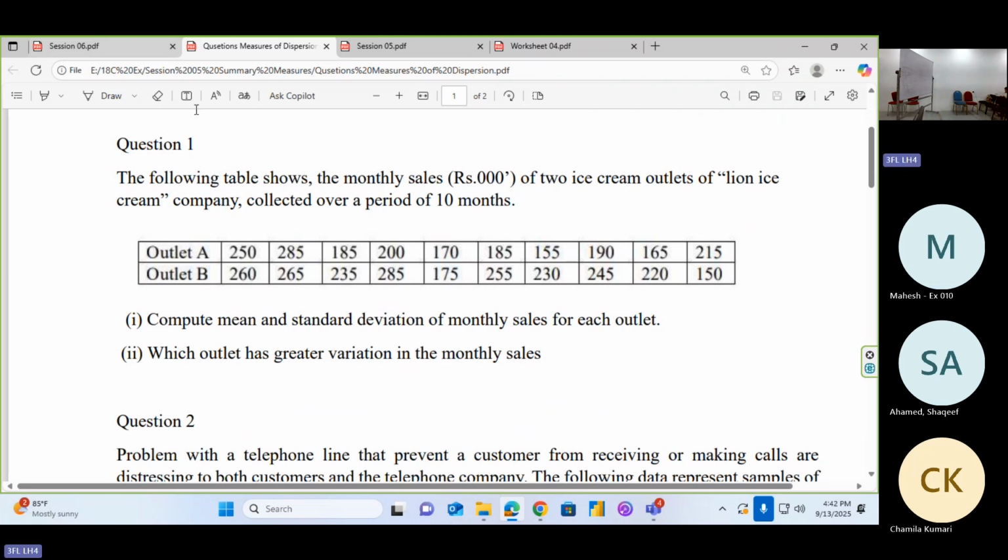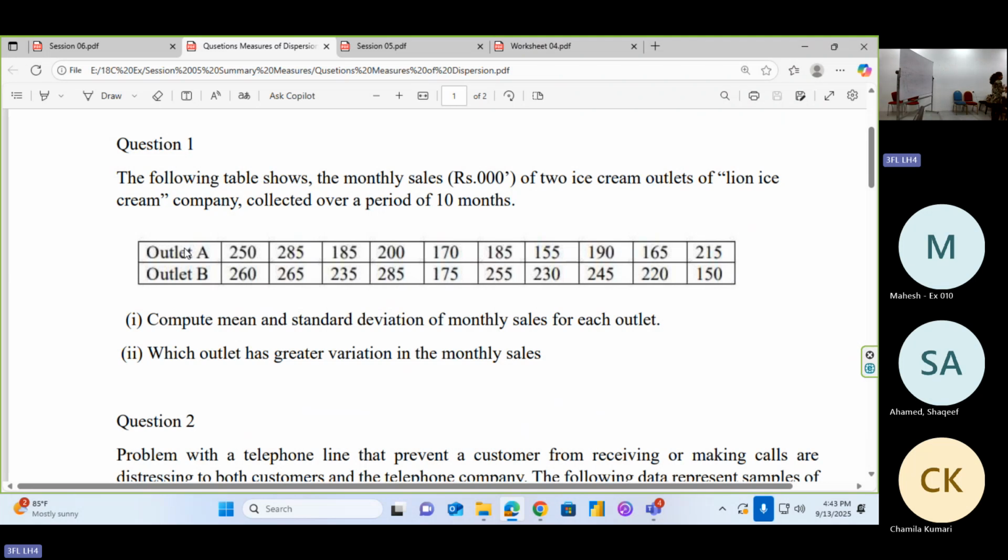Then here, first enter the data of outlet A. Then you find the mean and the standard deviation both together, okay? First you enter the data. Then you press the shift key and number 2, then press number 1, and you get the mean value. Again, shift key and number 2, then press number 3 and the equal sign, and you get the standard deviation.